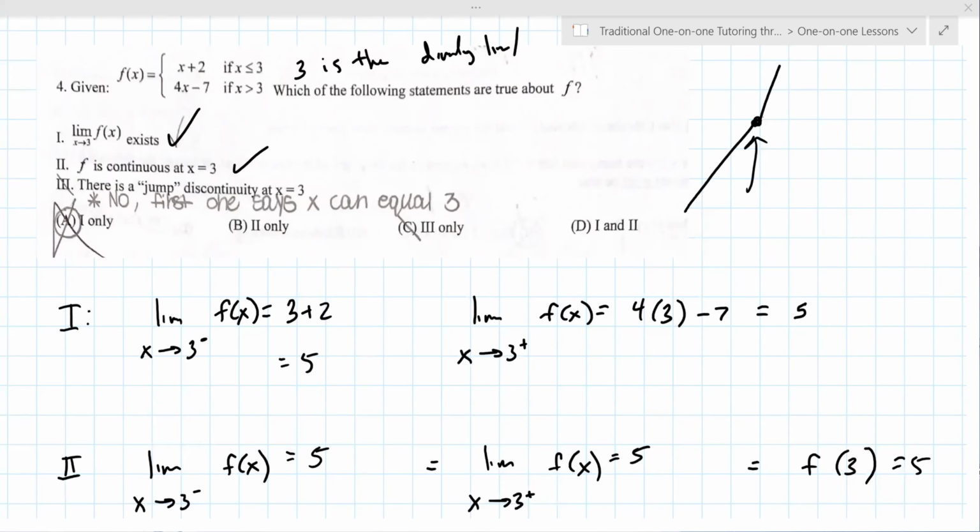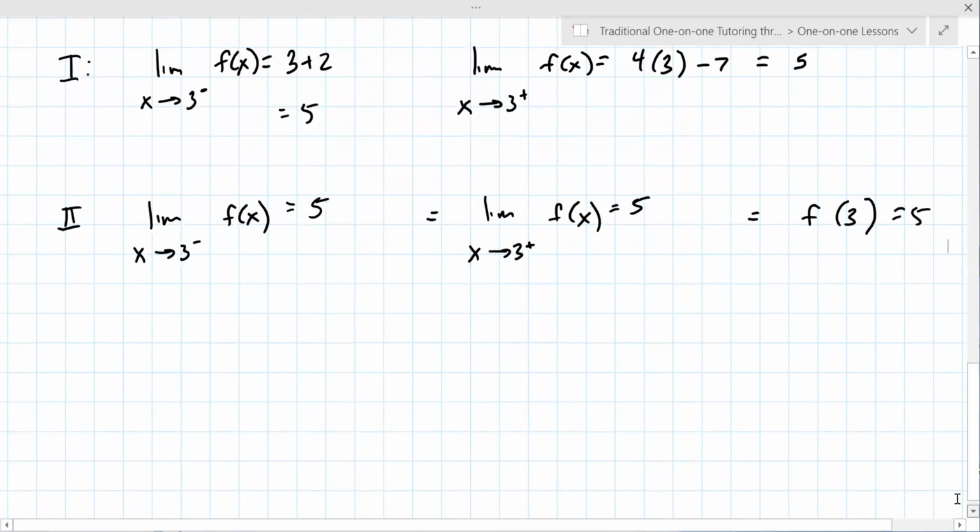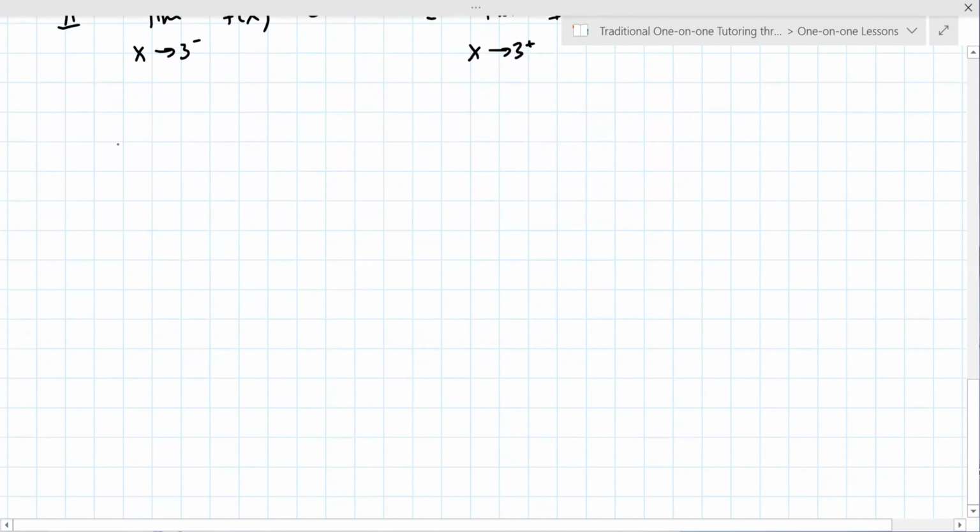Part C is good. Okay, we should do 9b. I just totally forgot how to do that. It's really close.